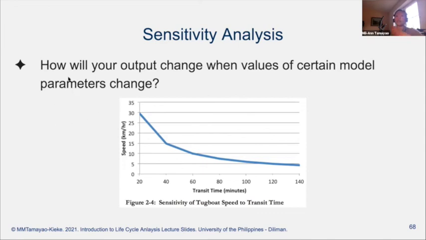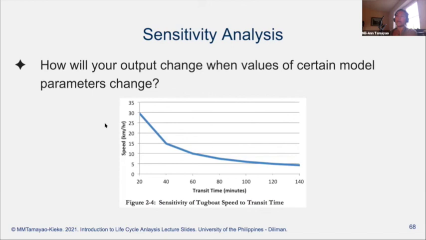Kailan to nagiging useful? Okay, useful si sensitivity analysis kasi pwedeng you're deciding, so let's say this is a general variable y. You are trying to make conclusions based on the value of y, all right? But then y is influenced by a variable x, okay?